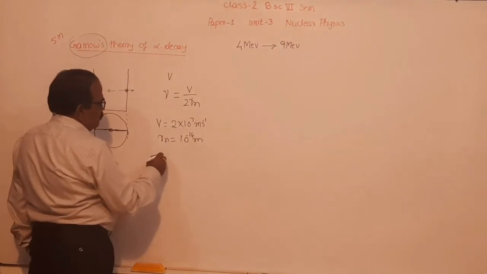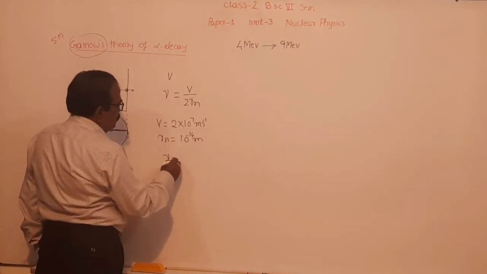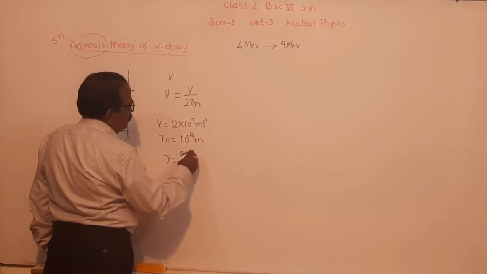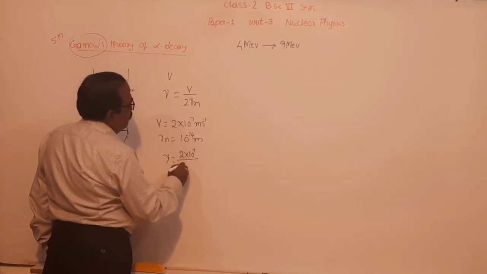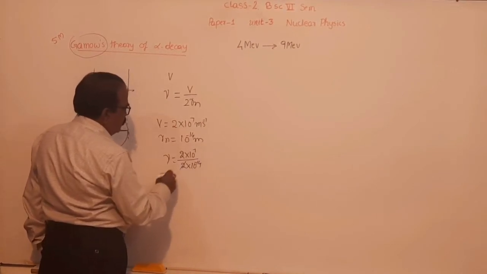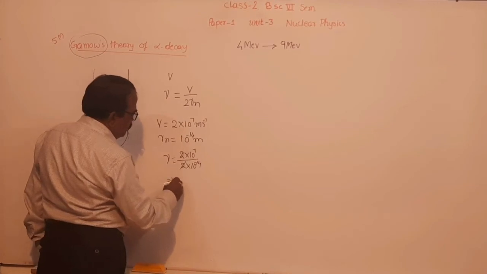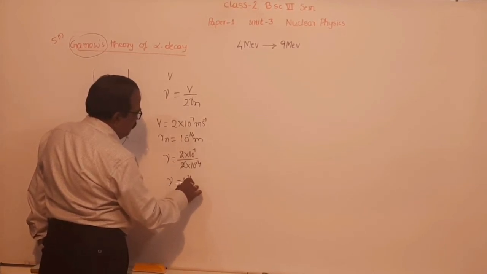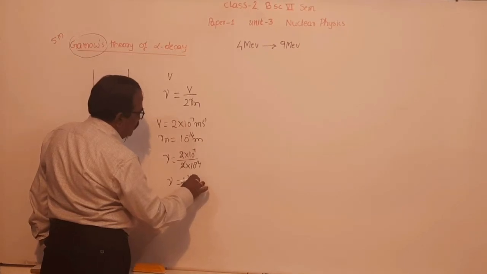If you substitute, the collision frequency nu is equal to 2 into 10 raised to 7 divided by 2 into 10 raised to minus 14. The 2s cancel, so nu is equal to 10 raised to 21 per second.